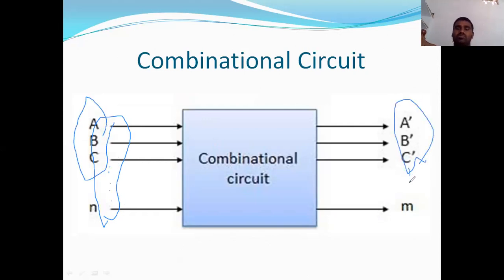In this combinational circuit block, we have different gates like NAND, NOR, and so on. So we have a number of inputs and a number of outputs here.